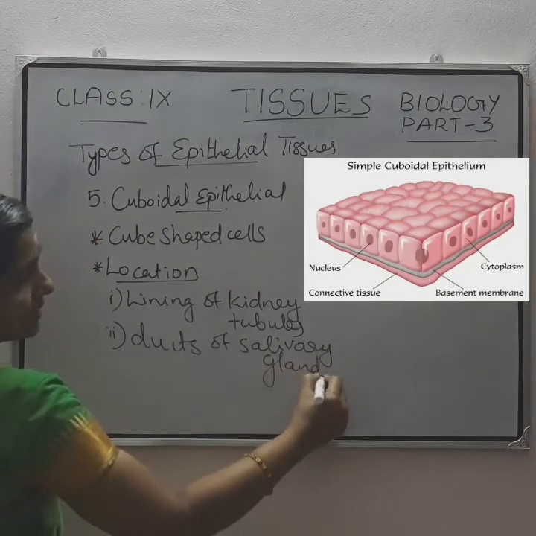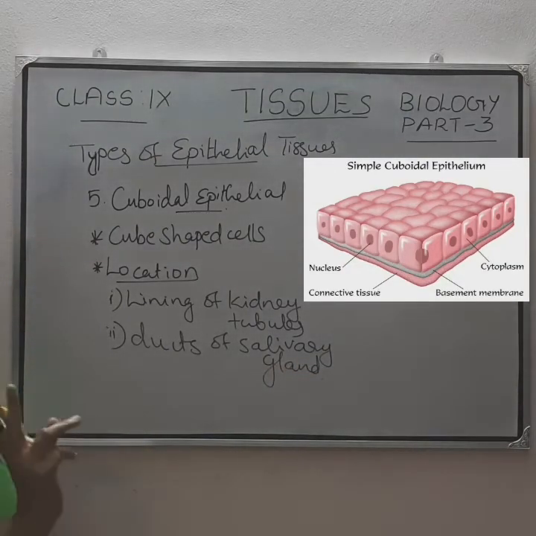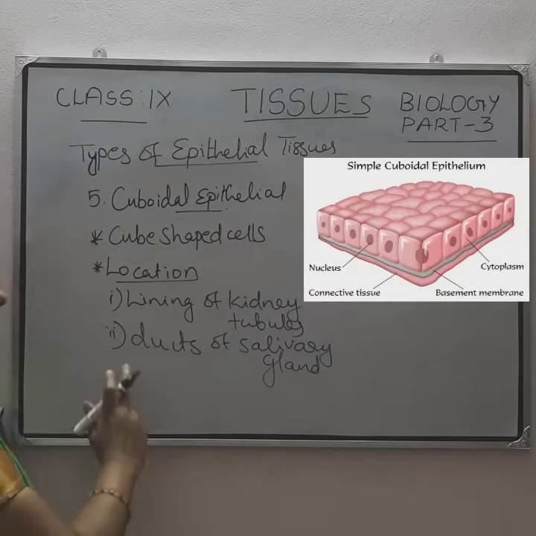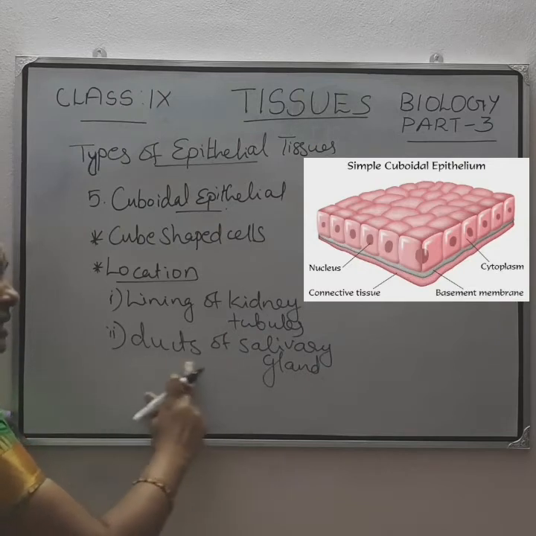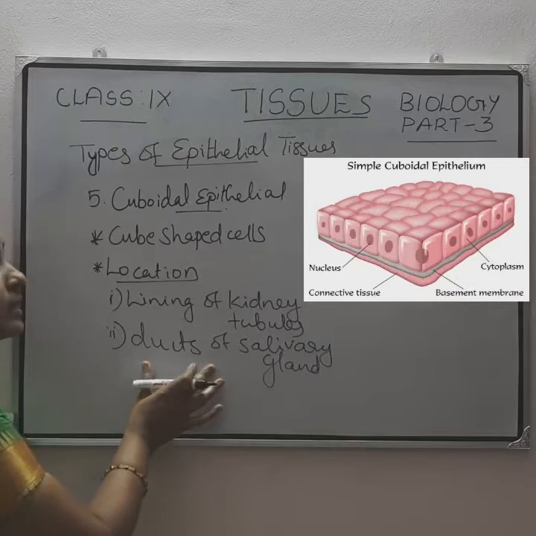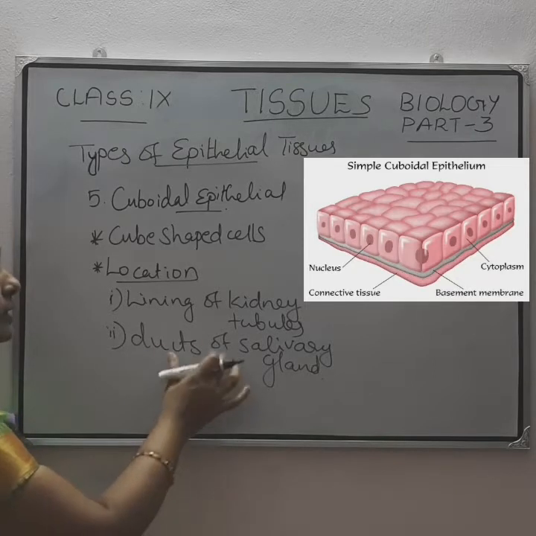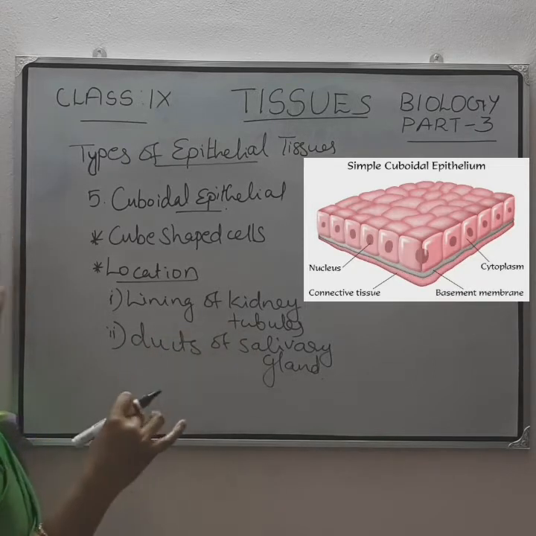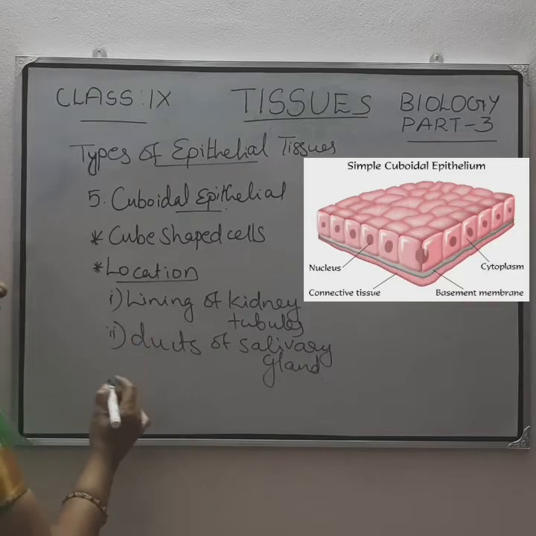The salivary gland produces saliva in the mouth, isn't it? So the ducts, the tubular structures of the salivary gland, are also made up of cuboidal epithelial tissue, and the lining of kidney tubules is also made up of this cuboidal epithelial tissue. Then what is its function?